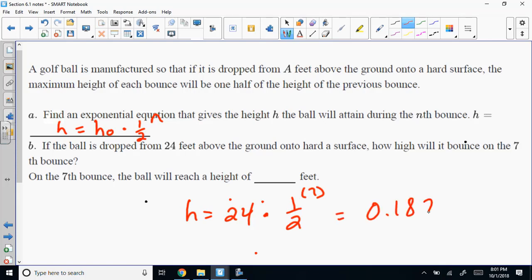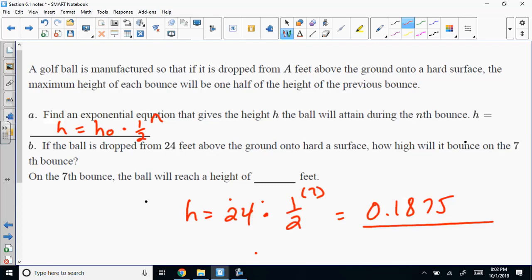I got this. .1875. So let's see. I went straight from 8 to 32nd.